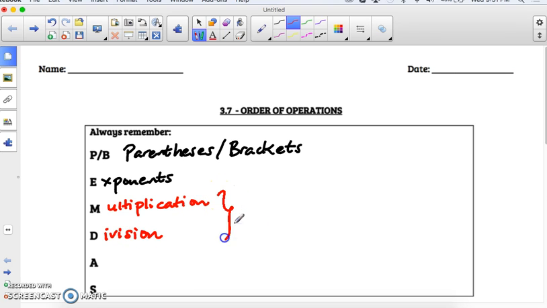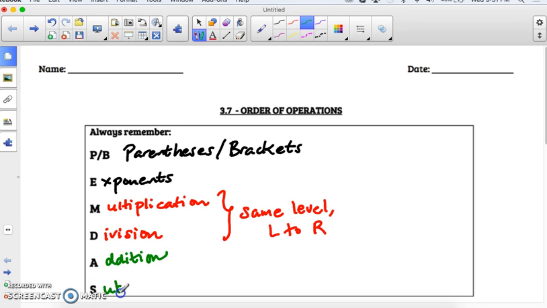And in the same color, and this will make sense to you later on, I'm going to write down same level, left to right. Okay, and then in another color, I'll use green. The A stands for addition. And then the S stands for subtraction. And then again, same level, left to right.